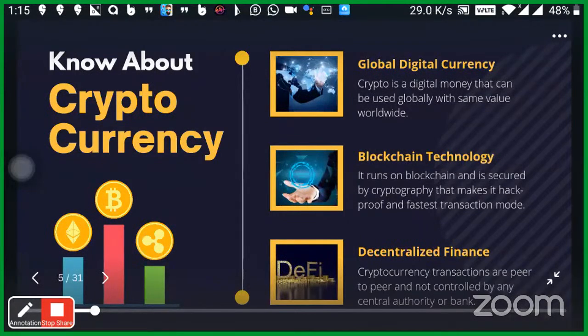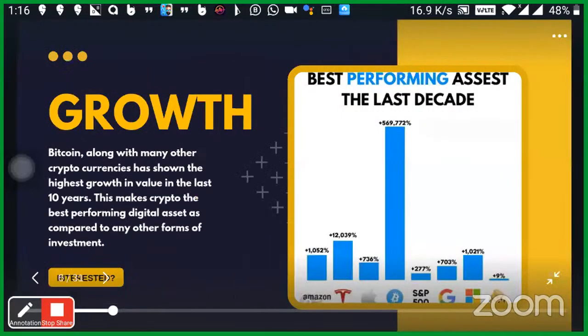No single person, no single company owner or single authority can control it. Even your government and central banks cannot control it. They cannot put a limit on it, and they cannot change it if they want to. So it is decentralized, with no central authority, and it is a global digital currency. This is about cryptocurrency that we already know.